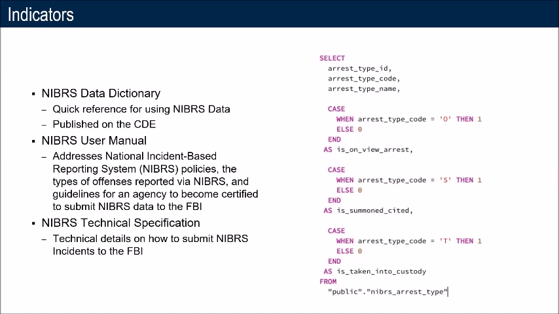Like, is on-view arrest is the concept that we're trying to gather, where what that means is that arrest type equals 0. So instead of having to do that cognitive load of, if arrest type equals 0, then I know that on-view arrest equals 1, every time I'm doing my analysis, we've been baking that into the SQL so that we think about it once, bake it into our set of views, and then go from there.